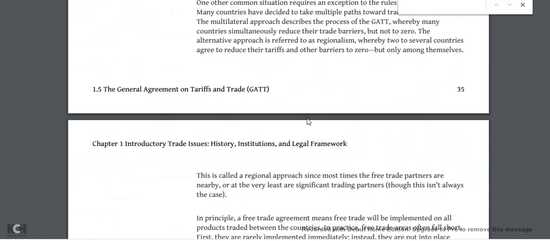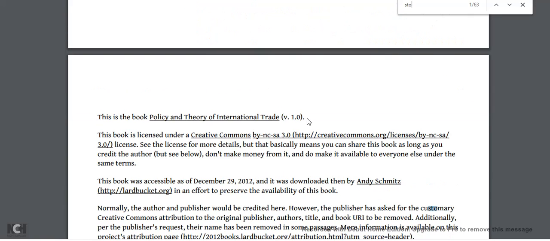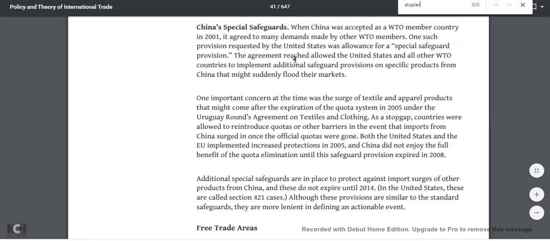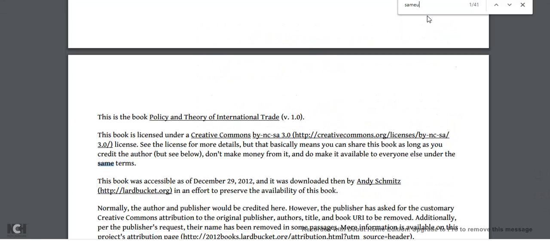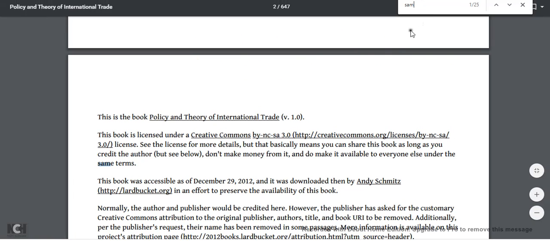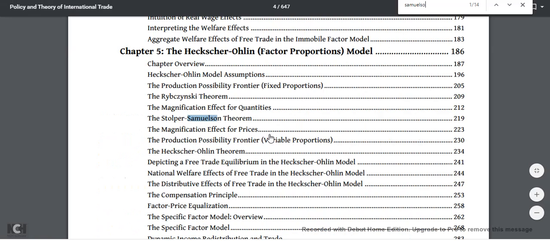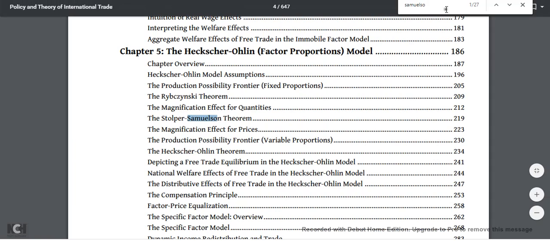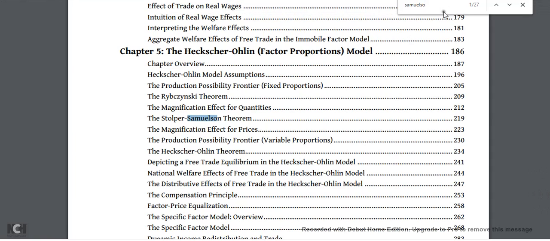Yesterday's class we discussed the theoretical part of this theorem. It is one of the important theorems. The Stolper-Samuelson theorem is on page number 290 of the textbook which I asked you to download.